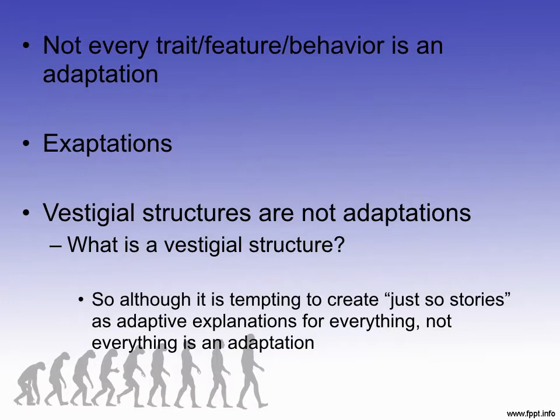We can see traits or characteristics that are what we call exaptations. These are characteristics that were once an adaptation but are now serving a function that is different from what the original selective context was.